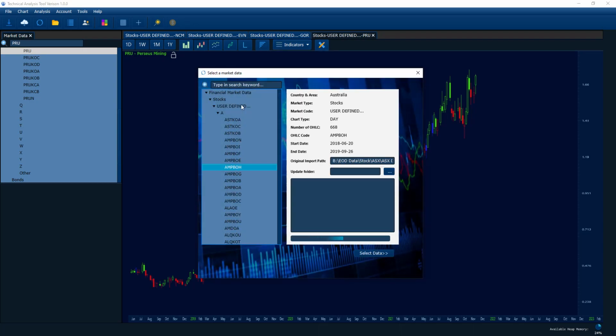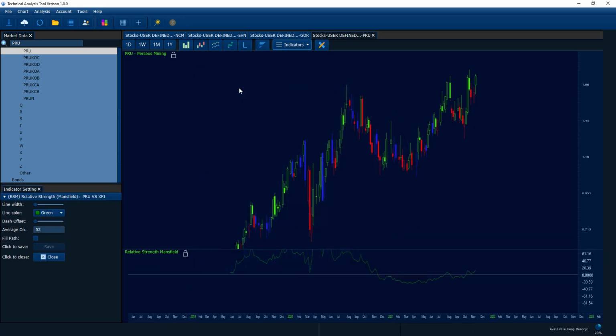I can compare it with the strongest performer of the past year, which is XFJ, the financial sector. They are the best sector for the past year, and I'm comparing these shares with this best performing index. So as you can see, this is called Pursers Manning.